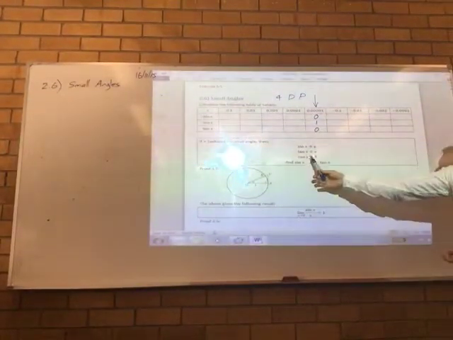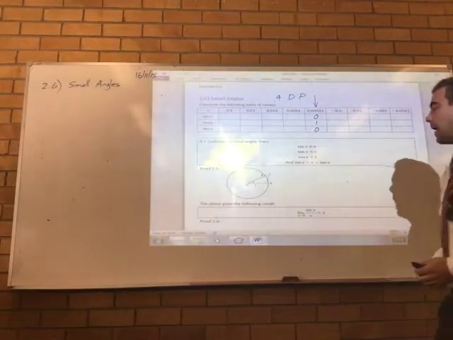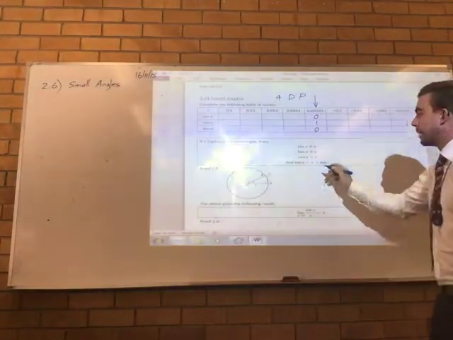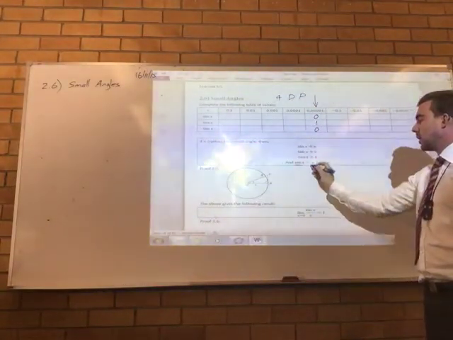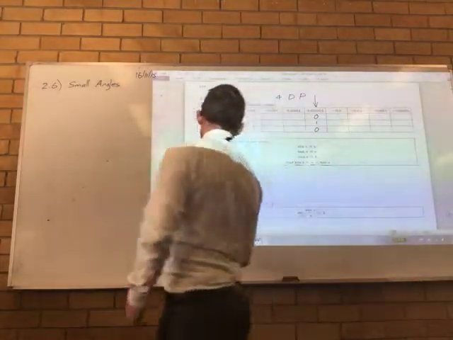But for cos, when x in radians is small, the value of cos of x is going to approach 1. And this result here is important: sine of x is less than the value of x in radians, and that is less than the value for tan of x. So, let's have a look at the proof.